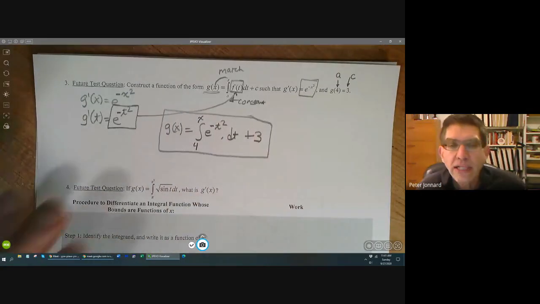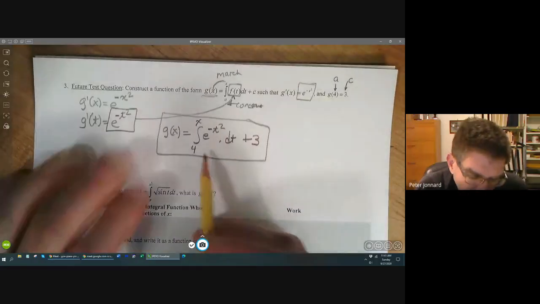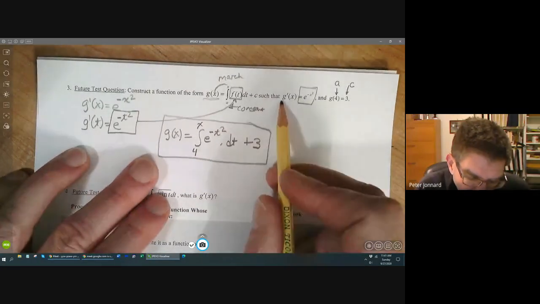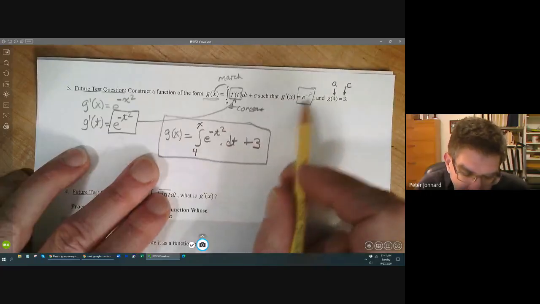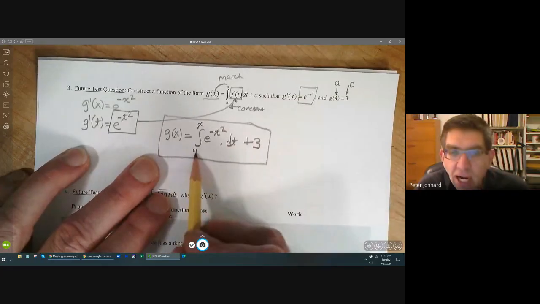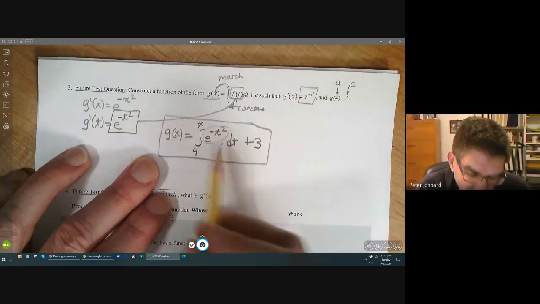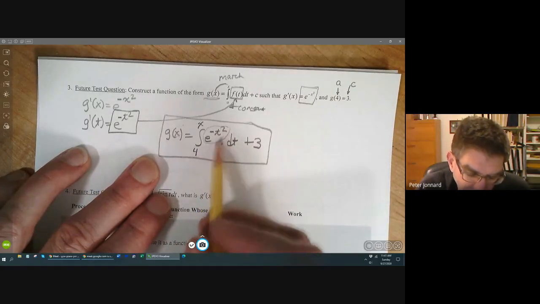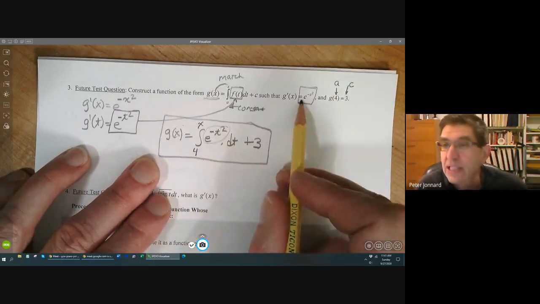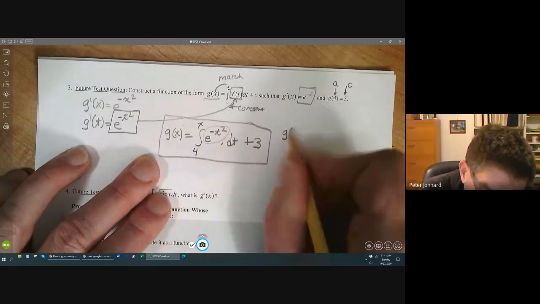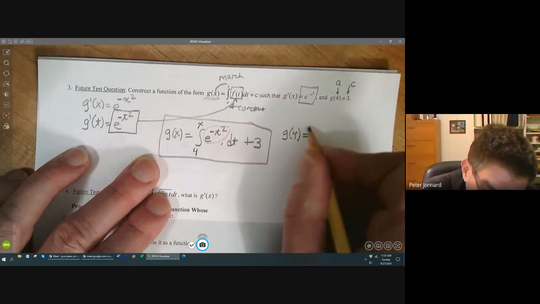So let's see about this. Does this even work? Well, is the derivative really e to the negative x squared? Well, if this is a constant and this matches, then this right here, you just replace the t with an x, you'd get e to the minus x squared, which is exactly what it wanted. And then let me check it. Does g of 4 really equal 3?